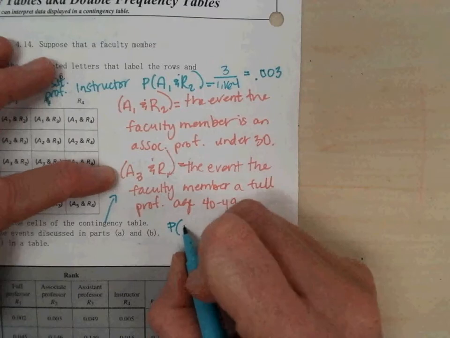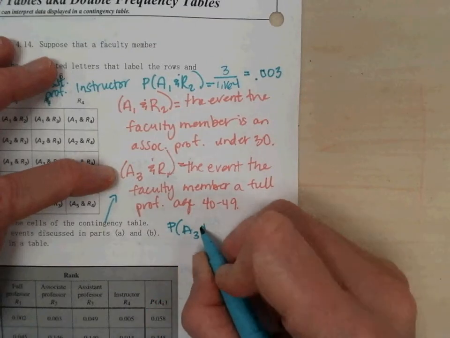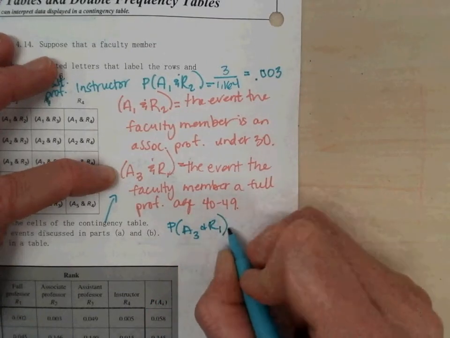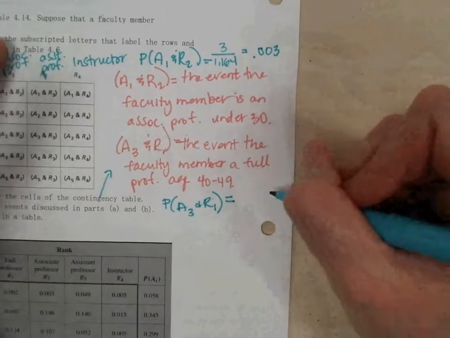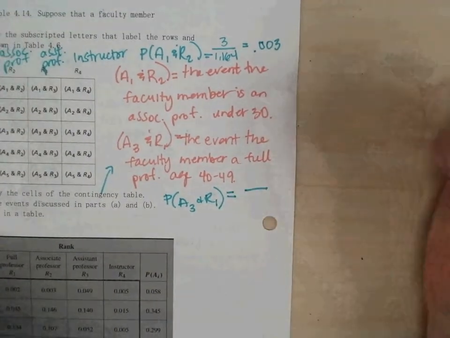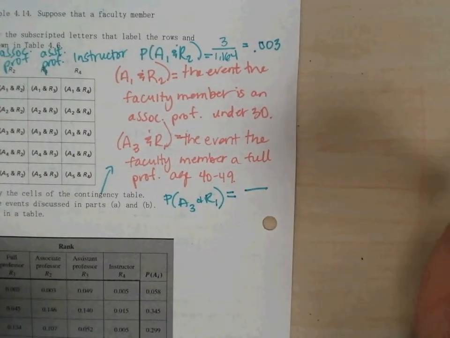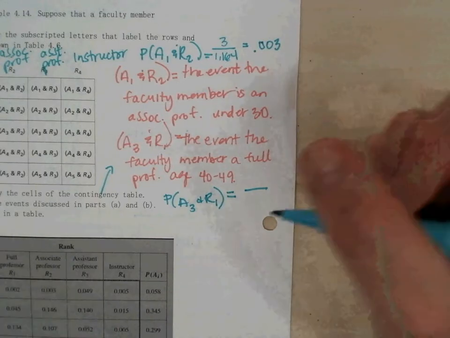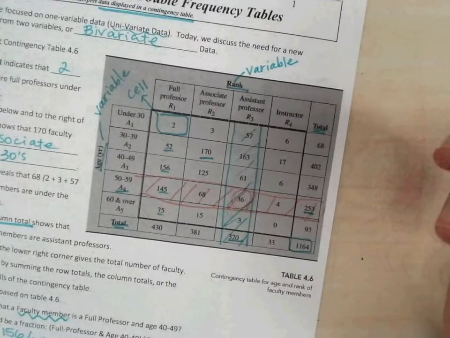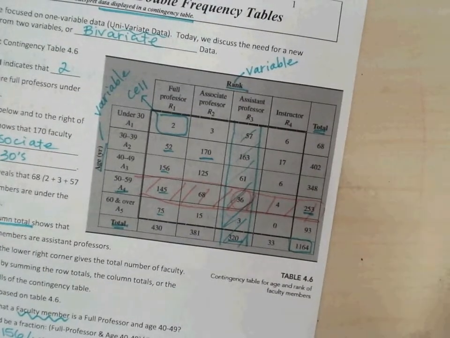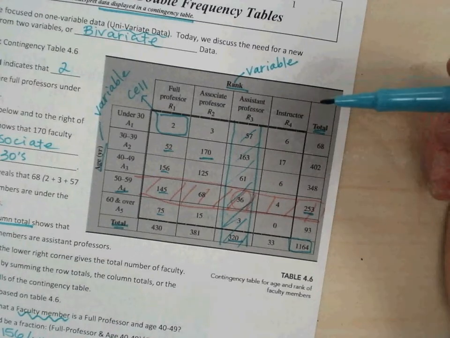And then the probability of A3 and R1. Ellie, how many are there in that cell? A3 and R1, so we can flip over. You want to phone a friend? Yes. Okay.